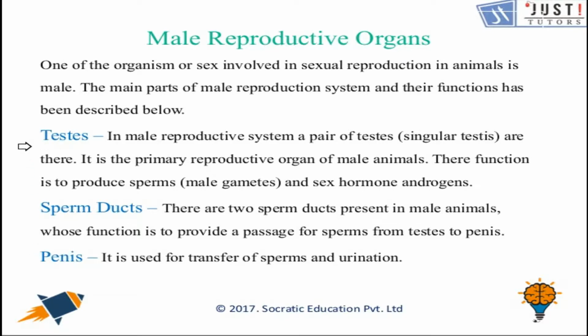The first is testis. In the male reproductive system, there is a pair of testes. The singular is testis. It is the primary reproductive organ of male, and its function is to produce sperm, which is called the male gamete, and that is produced through the sex hormone named androgens.